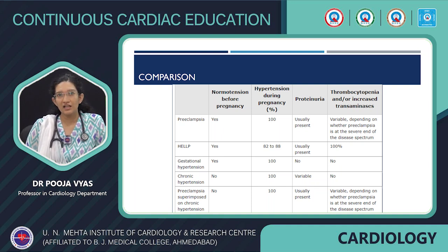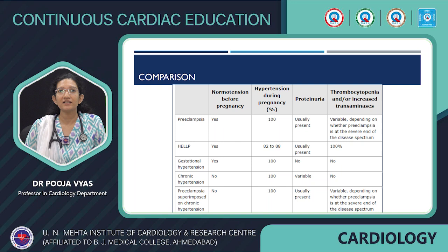In gestational hypertension, it is mandatory that the patient is normotensive before pregnancy, and hypertension is detected after the 20th week of pregnancy. There will be no proteinuria, no thrombocytopenia, and no evidence of increased transaminases.